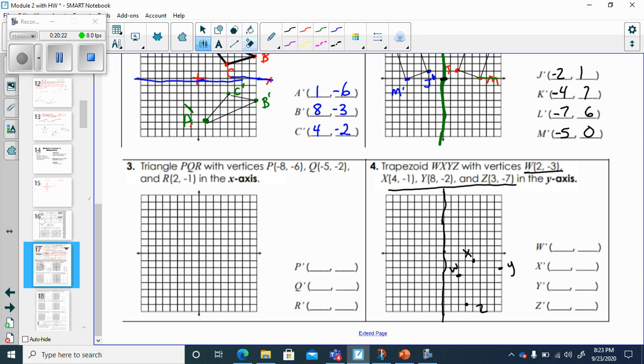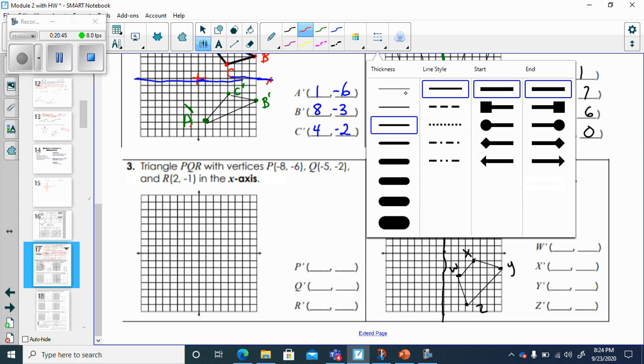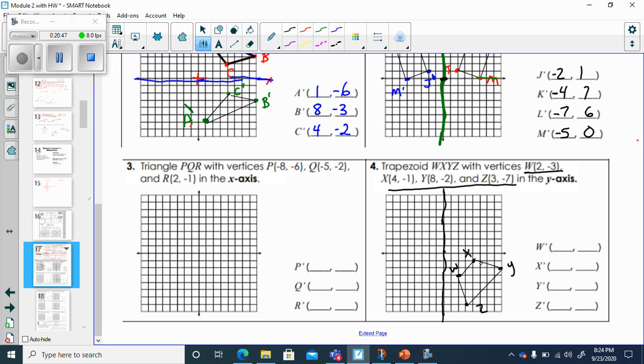Now let's connect our points. Here's WX, XY, YZ, and then let's take WZ. It asked us to reflect it over this line here, didn't it? Over the y-axis. So let's see what we get when we reflect it over the y-axis.